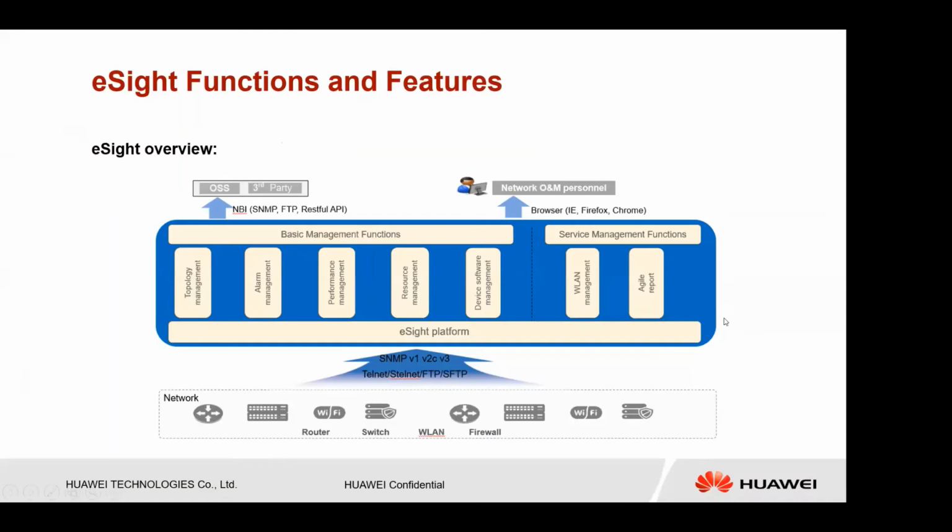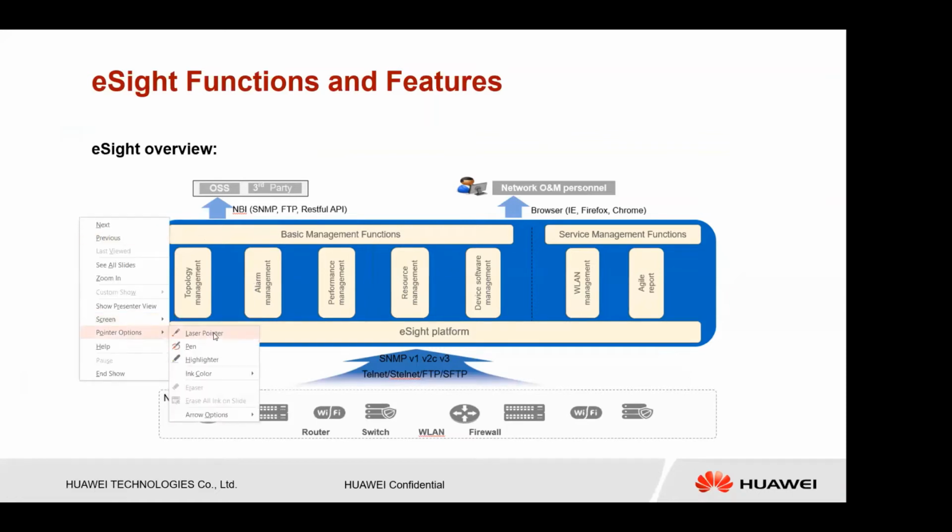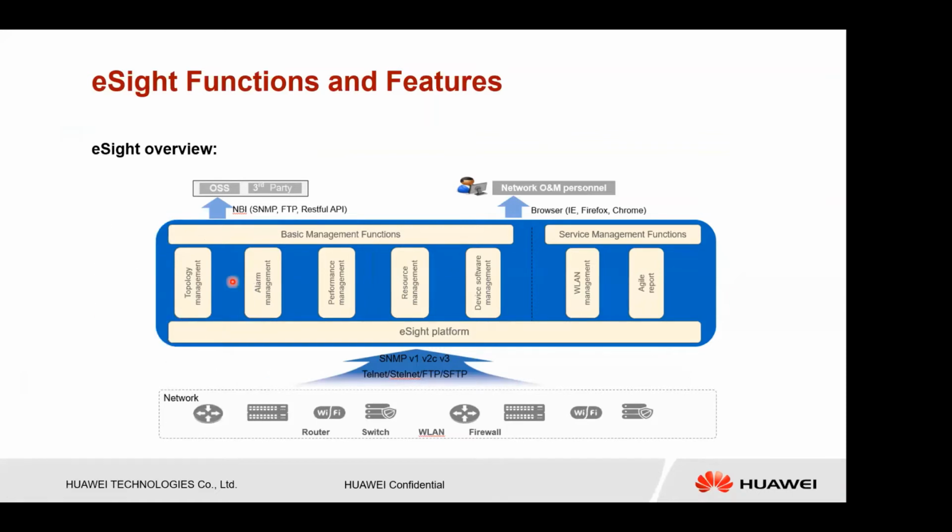Okay, I'll start again. So basically, eSight is our NMS, which has basic functions and also some service management functions. For the basic management functions, we have topology management, alarm management, performance management, resource management, and also device management, device software management.